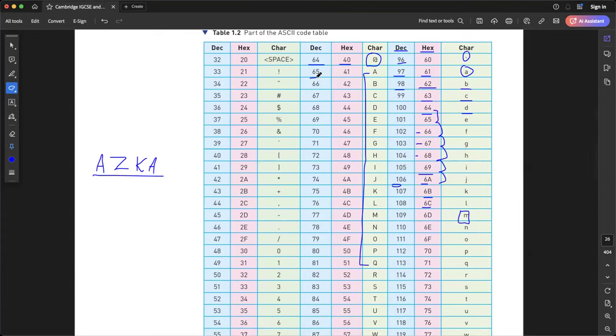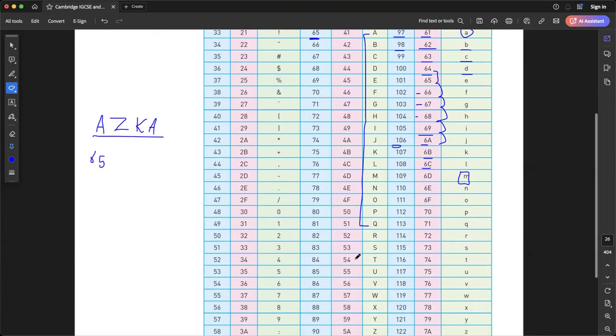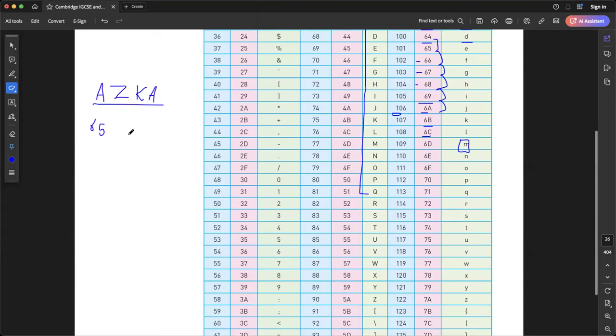Take the name Danry. 65. 65. Oh no, it's 90. Yes, 90. K is 75.